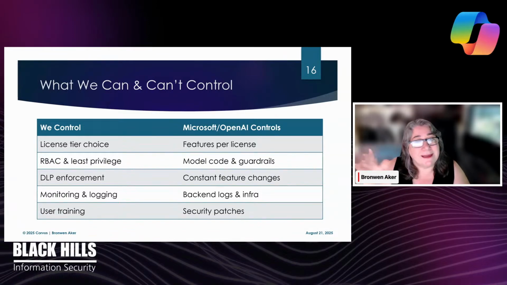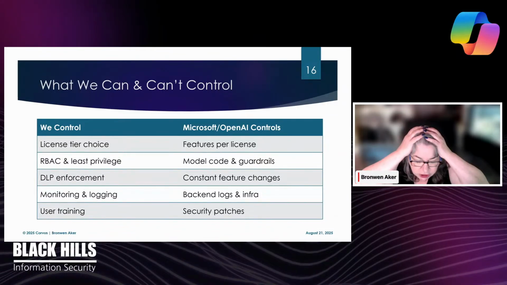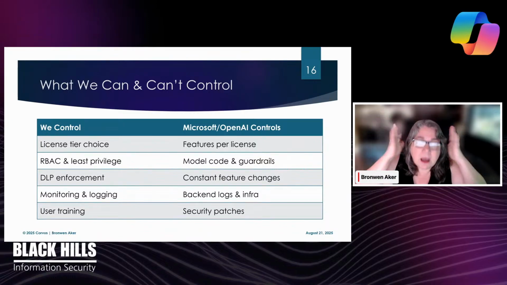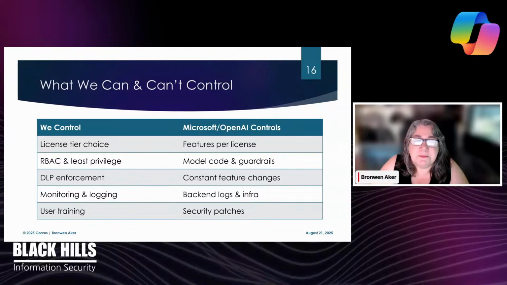On the other hand, Microsoft and OpenAI, they're going to control what features are offered, what the model code and guardrails are going to do. The features are changing constantly. Did I emphasize constantly? But also they have their own back-end logs and infrastructure. And they're not going to give us access to that. So that's just the way it is.